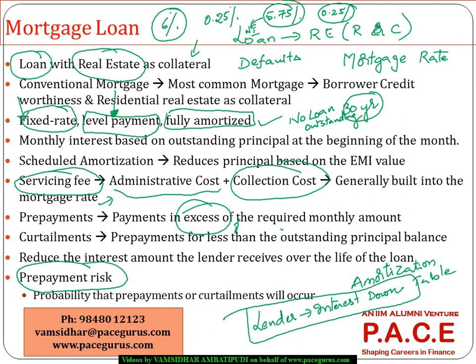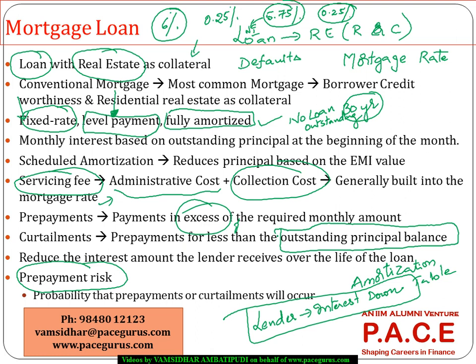In some cases, the overall balance will be negotiated for less than the outstanding principal balance, which also will reduce the interest payment. That is what is called a curtailment. So the mortgage loan is generally exposed both to prepayments as well as curtailment.